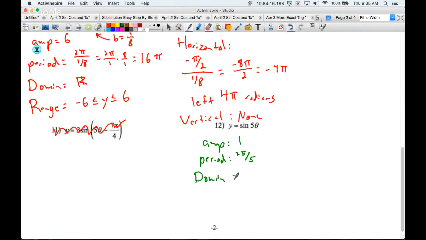Domain will be all real numbers. Range will be from -1 to 1. Vertical and horizontal shift are both none. So vertical, none. Horizontal, none.